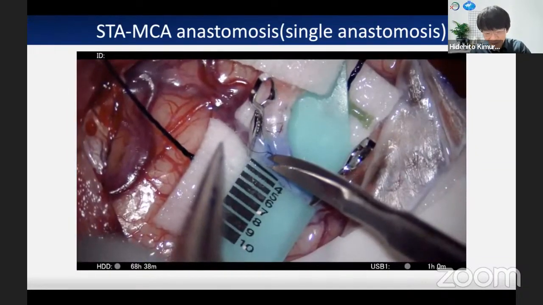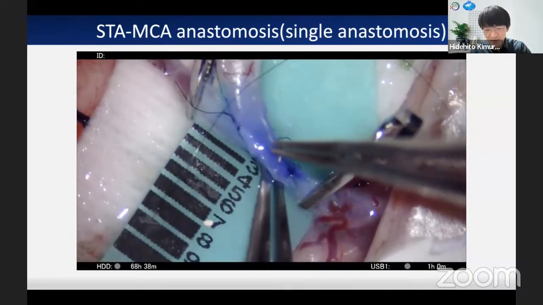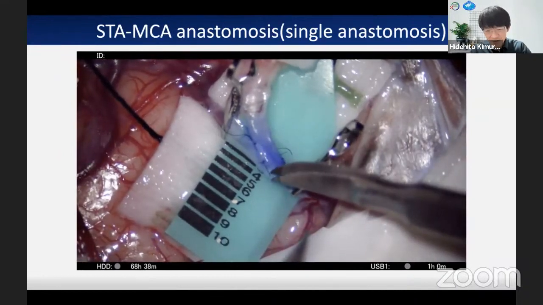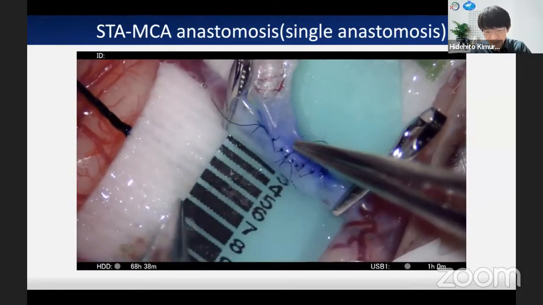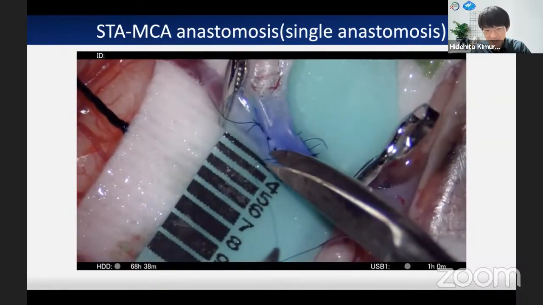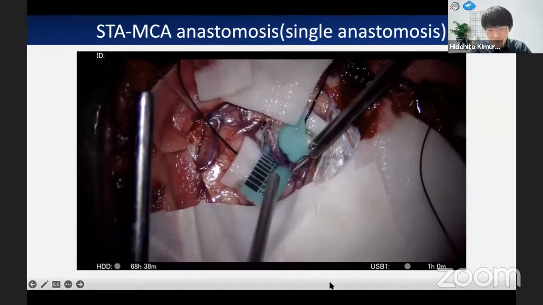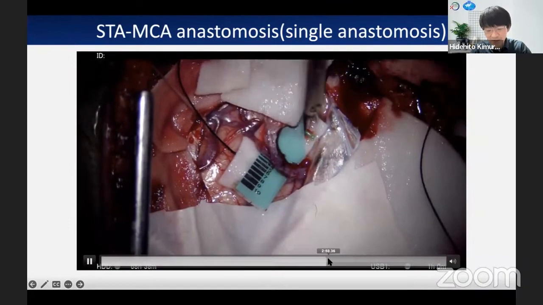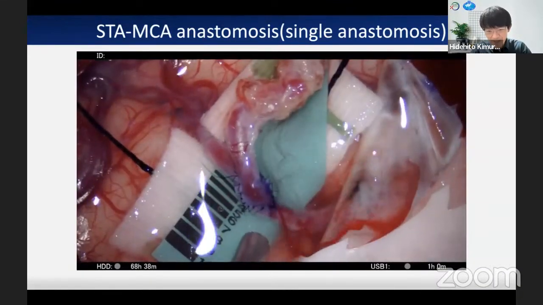Every needle insertion, you should confirm the lumen. The lumen is very important, and always confirm that the needle is running with the appropriate course. After declamping, the clamping time is about 20 minutes for this surgery.